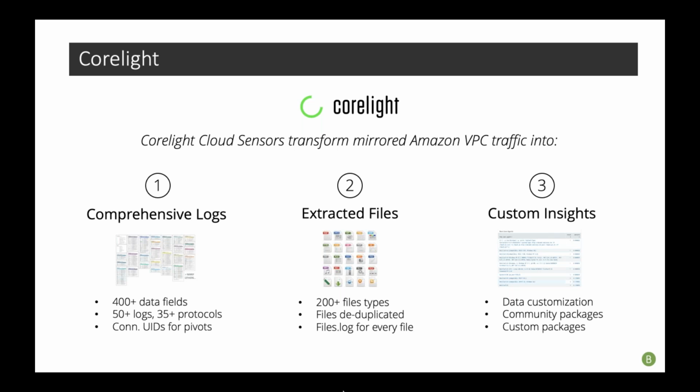The second is that folks tend to use us to extract the files from the flow as well. This is particularly challenging with open source Zeek, but it's very easy and very high performance with Corelight. Folks use that for subsequent analysis, either in a malware sandbox or some other related tooling.